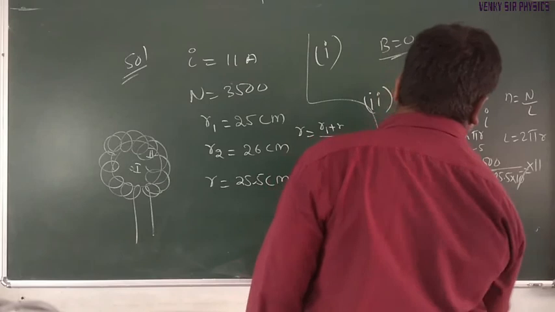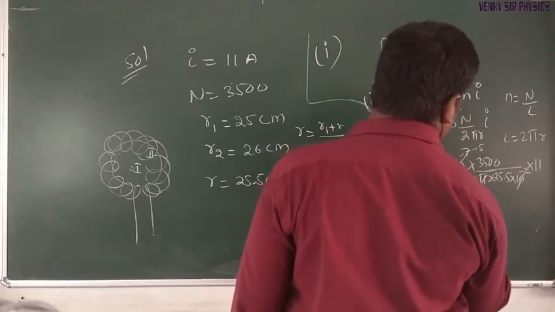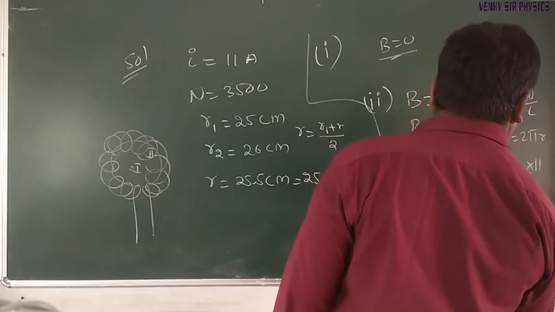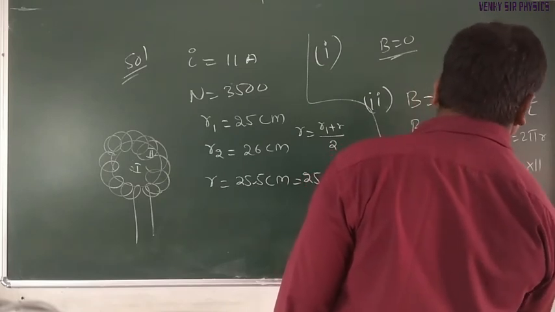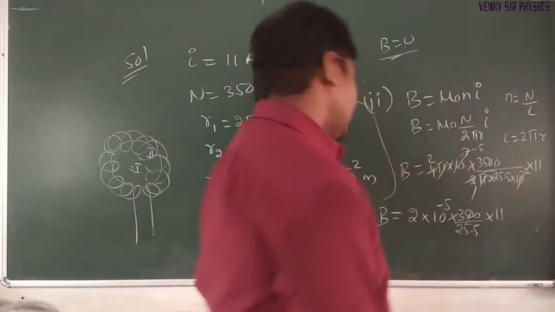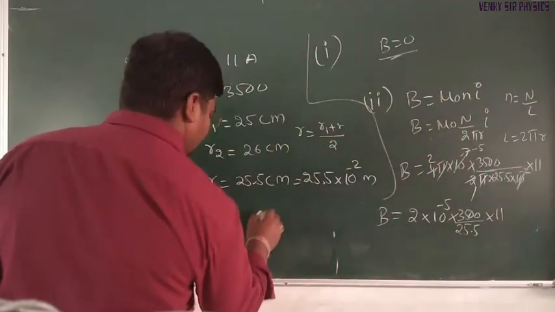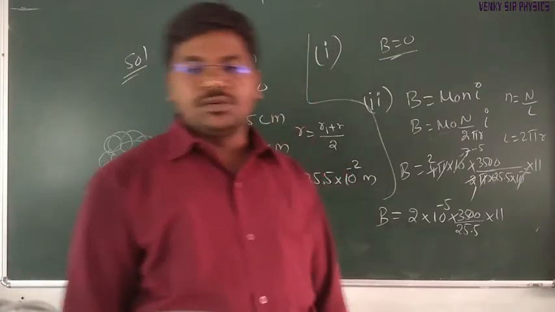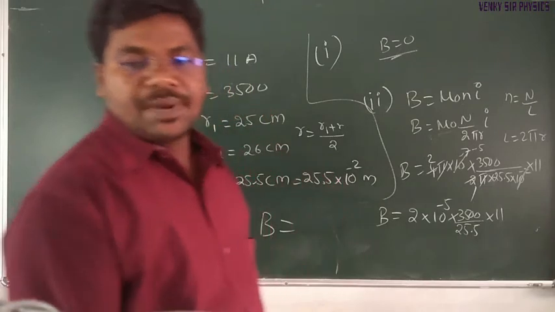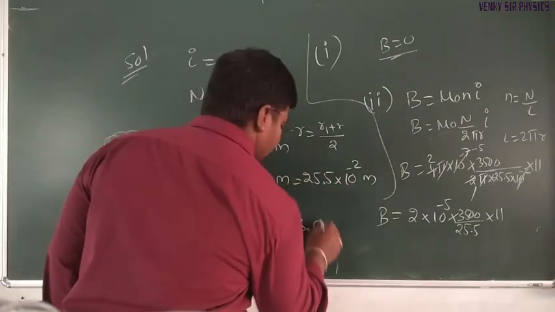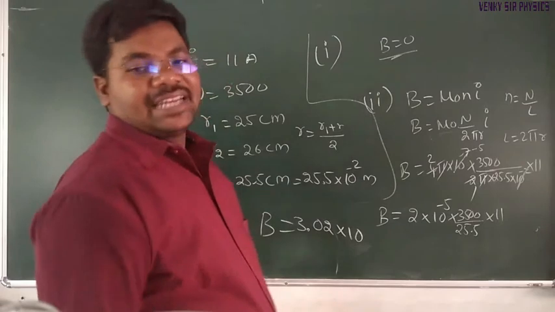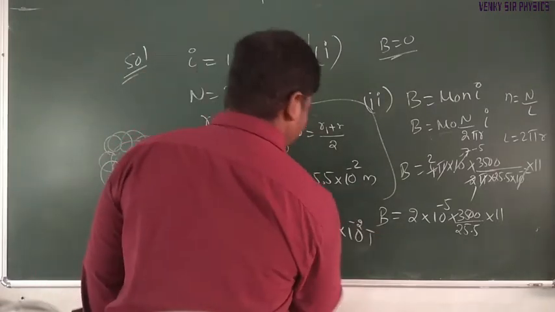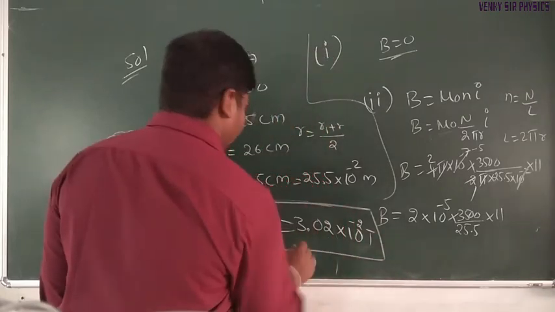B is equal to 2 into 10 power minus 5 into 3500 divided by 25.5 into 11. So by cancellation we get B is equal to 3.02 into 10 power minus 2 Tesla.